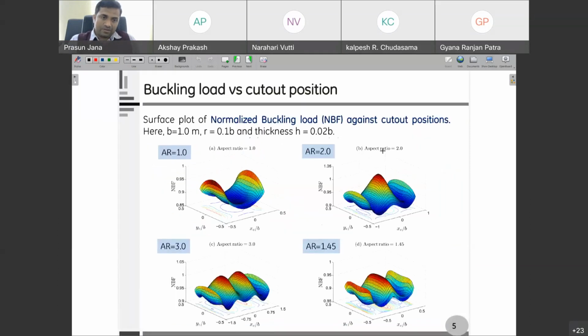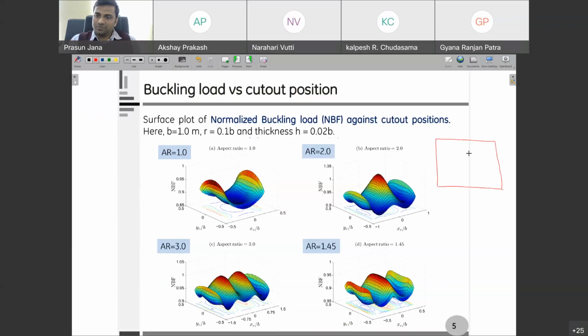Before doing the actual optimization study, to understand whether it is a true optimization problem or not, to see the effect of the cutout position, we have taken a rectangular plate.